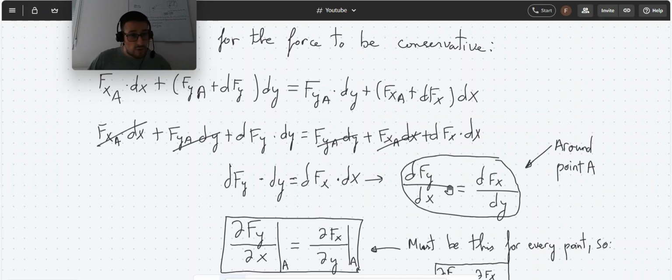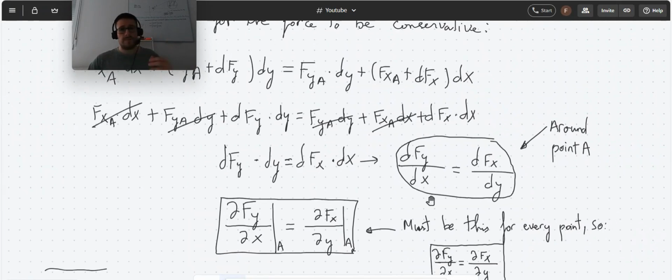So if you take a very small region around that starting point, point A, and that condition is met, this means that in the surroundings and the areas that are very close to that point A, the force field is conservative, at least in the regions that are very close to that location.